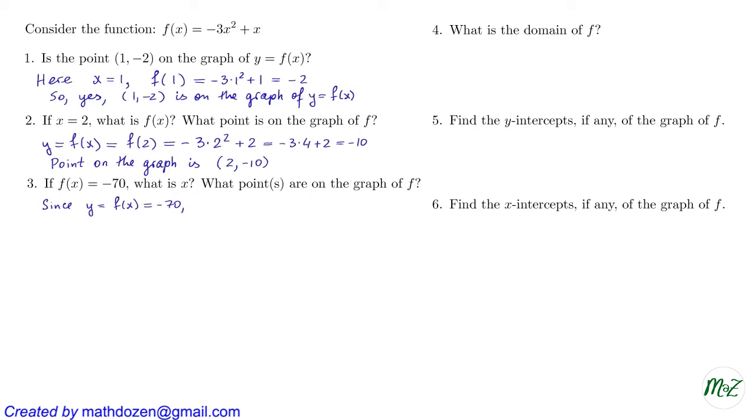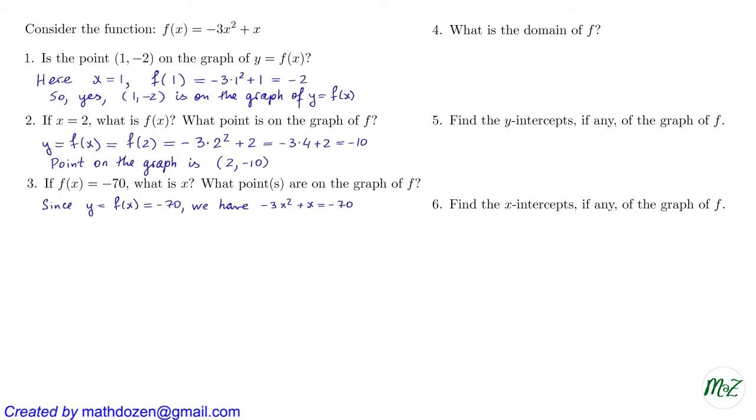In the third part, the question is if the value of the function f of x is equal to negative 70, what is the value of x? So this negative 70 plays the role of y. So we have y equals f of x equals negative 70. Instead of f of x, we have the full right to put negative 3x squared plus x.